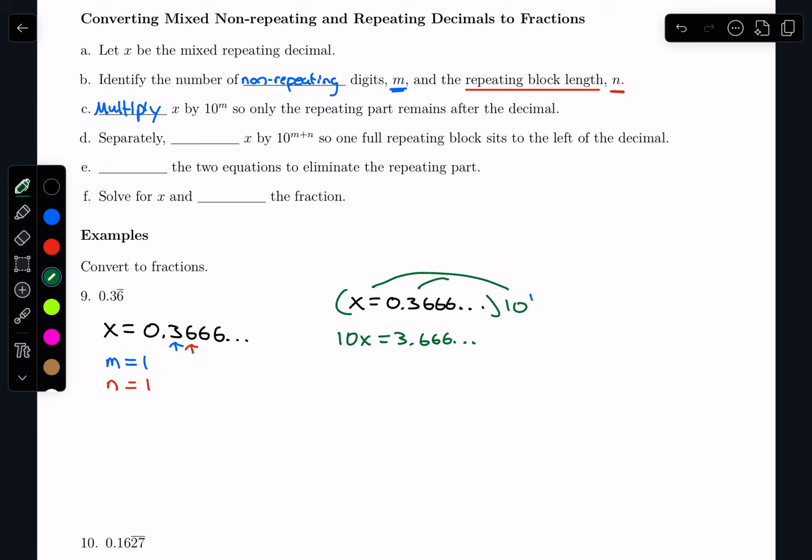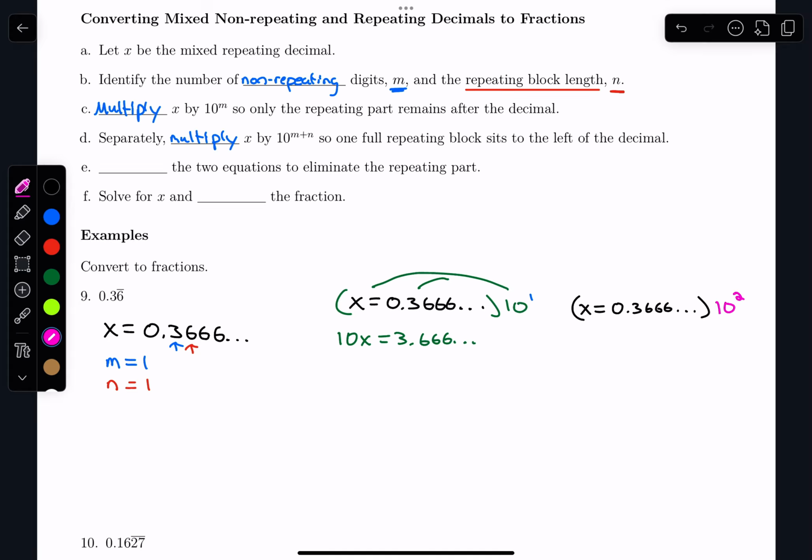Now step D says to separately multiply x by 10 to the power m plus n, so that one full repeating block sits to the left of the decimal. So I'm going to do almost the exact same thing here. I'm going to start with x equals 0.3 and then all these 6's. But this time I'm going to multiply by 10 to the power 2.